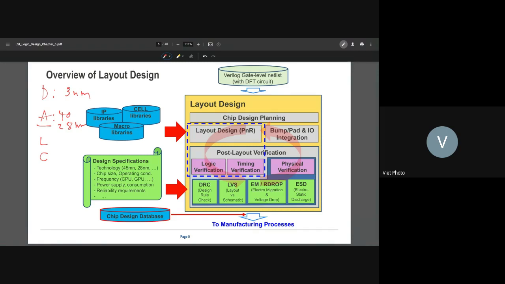Those things cannot be scaled down, because inductance and capacitance are proportional to the size. Even though our cell is very small, those elements are very big.